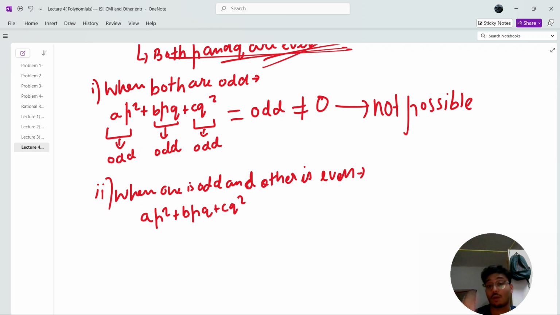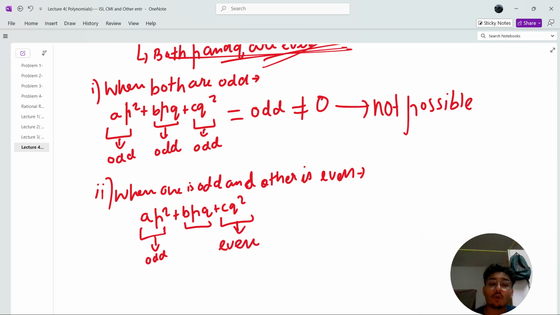So then one is odd and the other is even. Let my P be odd and Q be even. Okay. AP square, similarly as in my first case, is odd. BPQ or CQ square: my Q is an even number, so Q square has to be an even number, and even into odd, we all know is even.